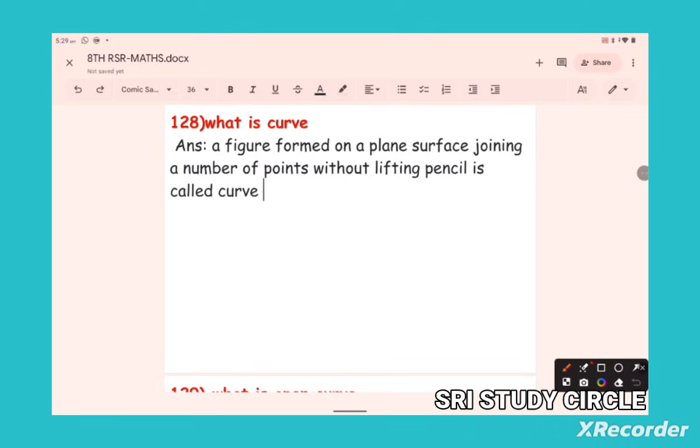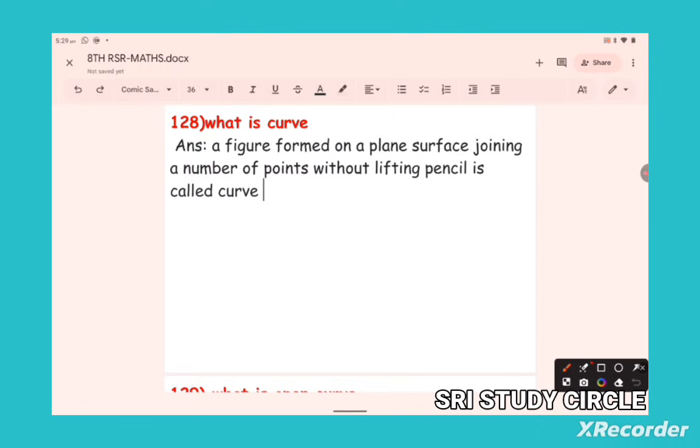What is a curve? A figure formed on a plane surface joining a number of points without lifting the pencil is called a curve.